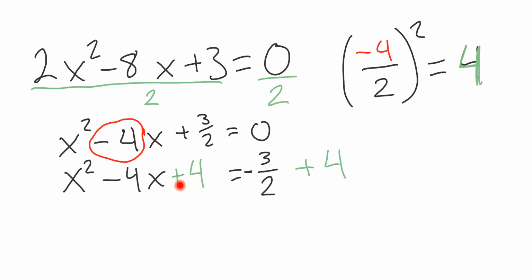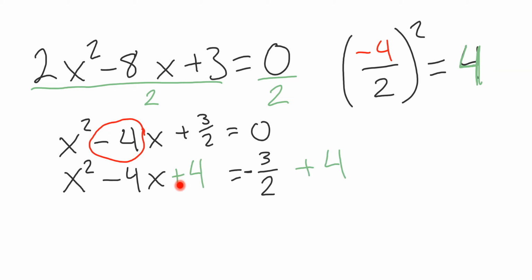So if this is 2b, then we just take this, divide it by 2, square it, and that's the number to add here. Keep in mind, this -4 is actually just staying a -4. We're just dividing it by 2 and squaring it over on the side just to figure out what we're adding to both sides, okay?